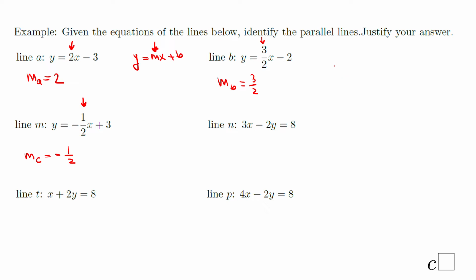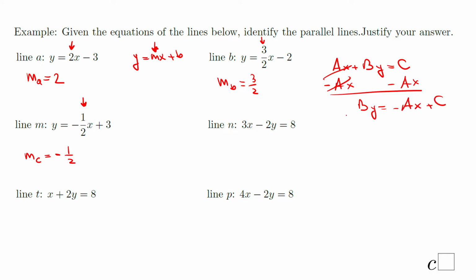But instead of solving 3 times for y, I'm going to use this form and solve for y here by subtracting ax first, and then dividing by b. And now I have the slope-intercept form, using these letters.